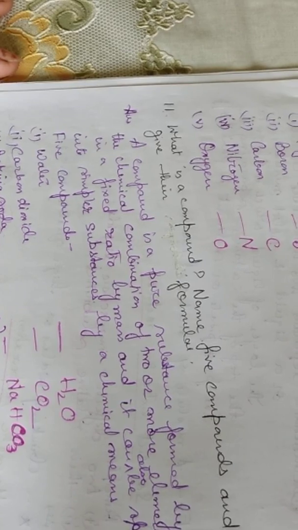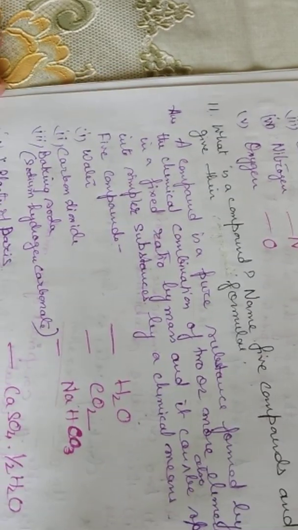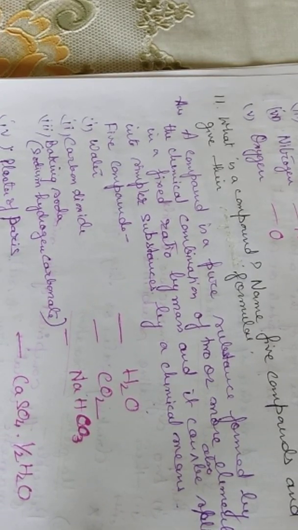Now what is a compound? Name 5 compounds and give their formulae. A compound is a pure substance which is formed by the chemical combination of two or more elements in a fixed ratio by mass.